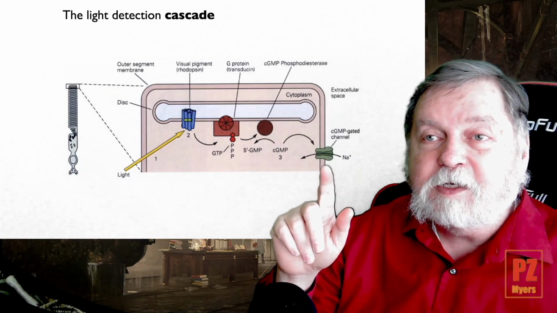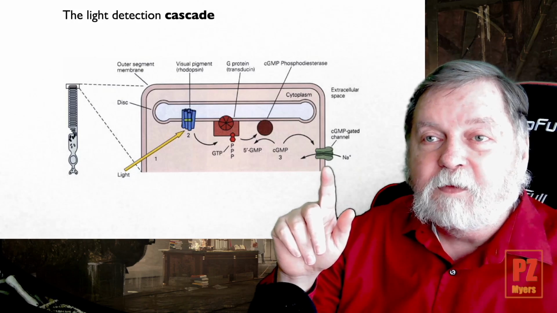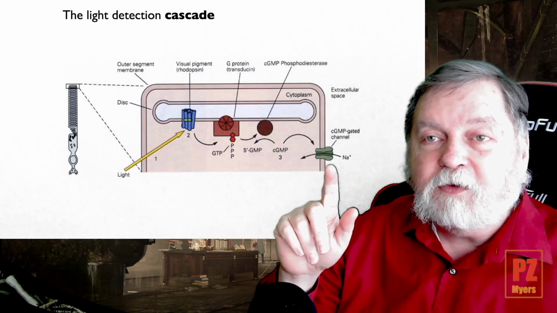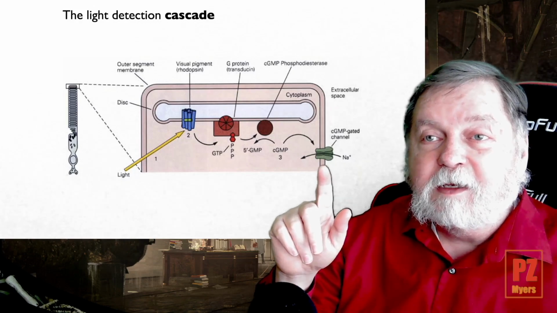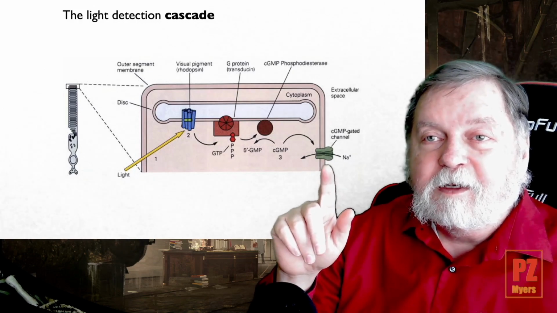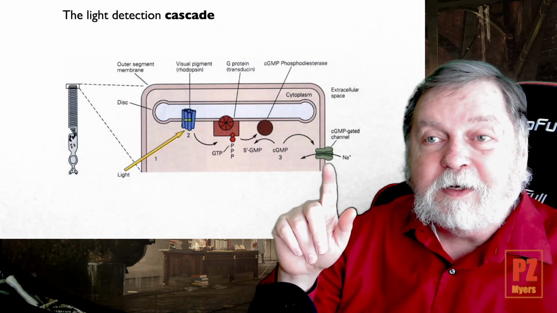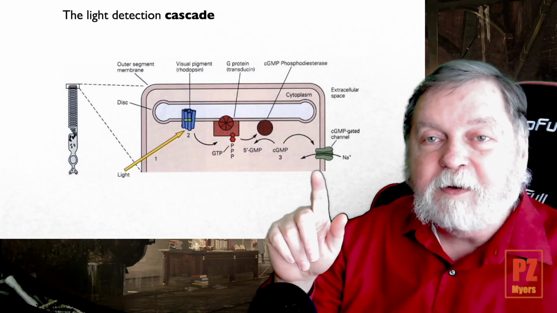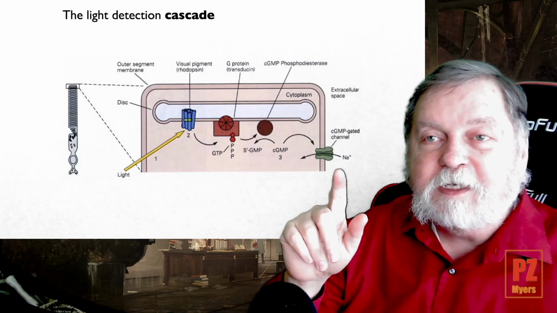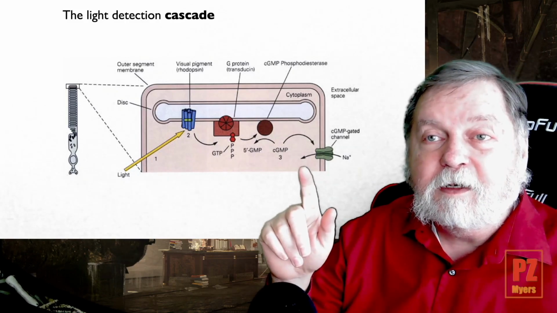This is a cyclic GMP gated channel. So it allows sodium to pass through. So if you drop the levels of cyclic GMP, this channel is not going to be activated anymore. It's going to close, which means sodium can't pass through the membrane. And what that represents is a reduction in current.